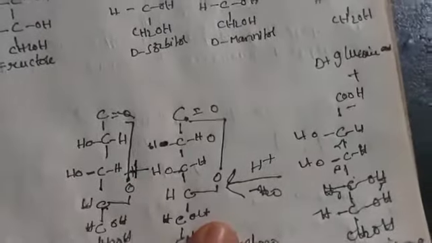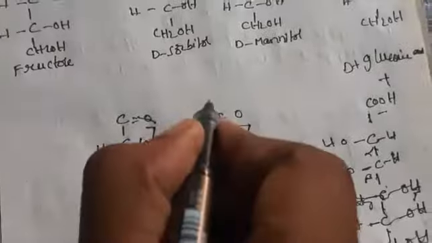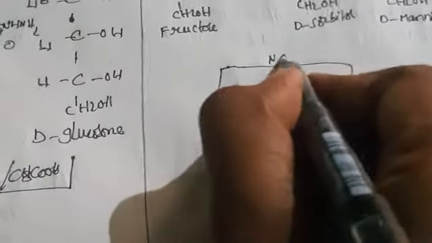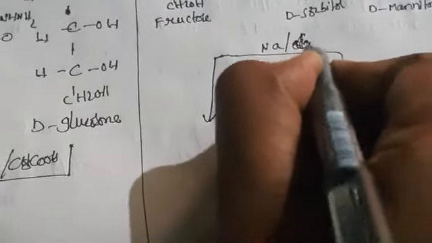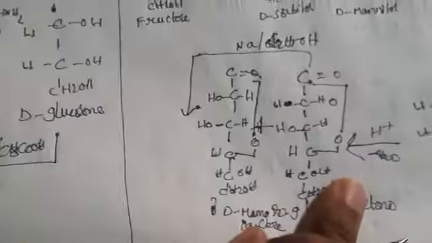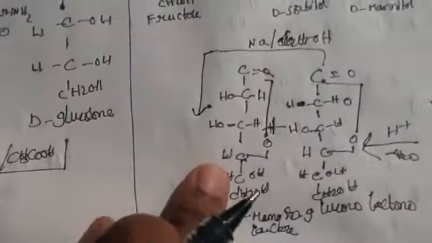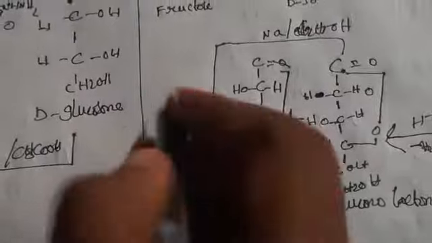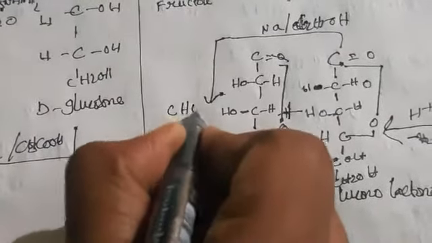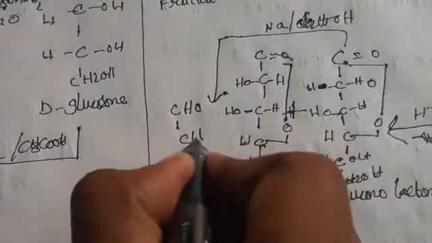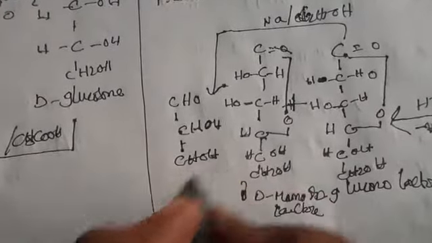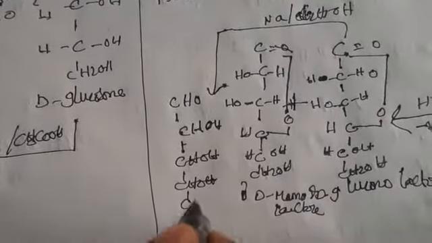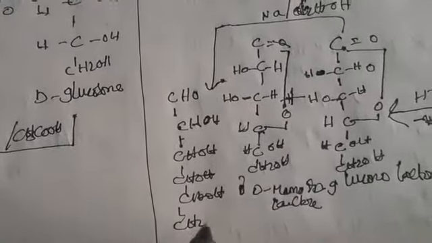So what we want to get is glucose. If you do reduction on this molecule with Na in the presence of alcohol, C2H5OH, these compounds are going to get CHO, OH, OH, OH, OH and CH2OH.